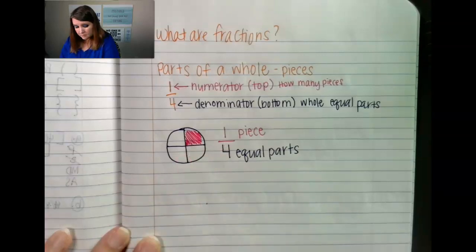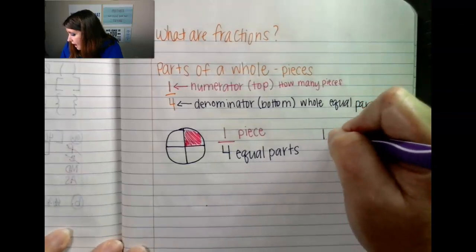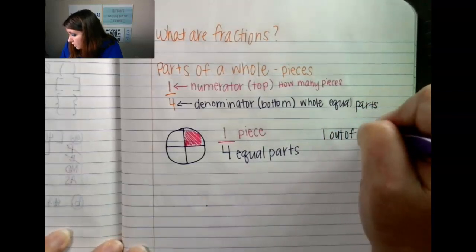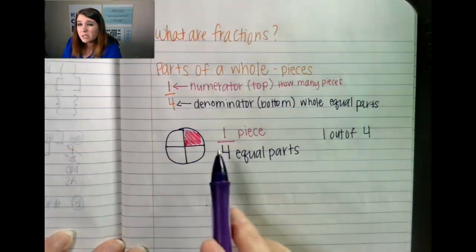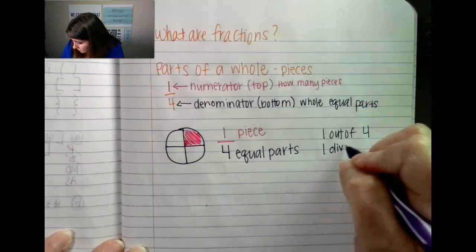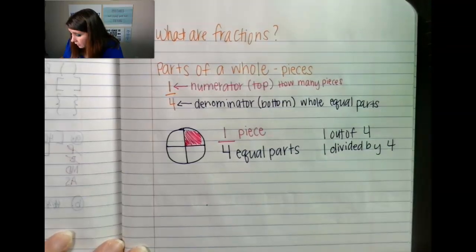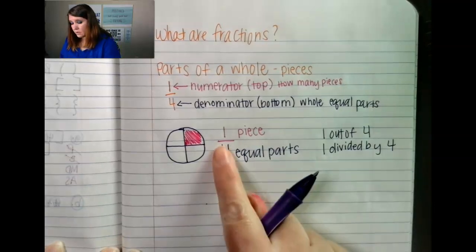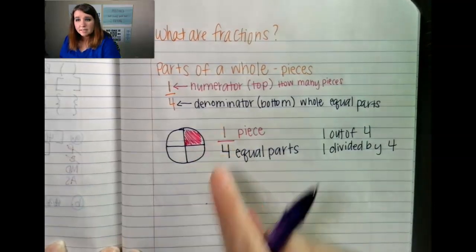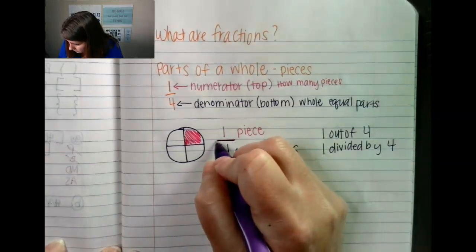So this is the same thing as saying 1 out of 4. So I can read this as 1 out of 4. I can also read this as 1 divided by 4. That's really important that you know that we can read this as a divided by as well. I'm going to darken this line.